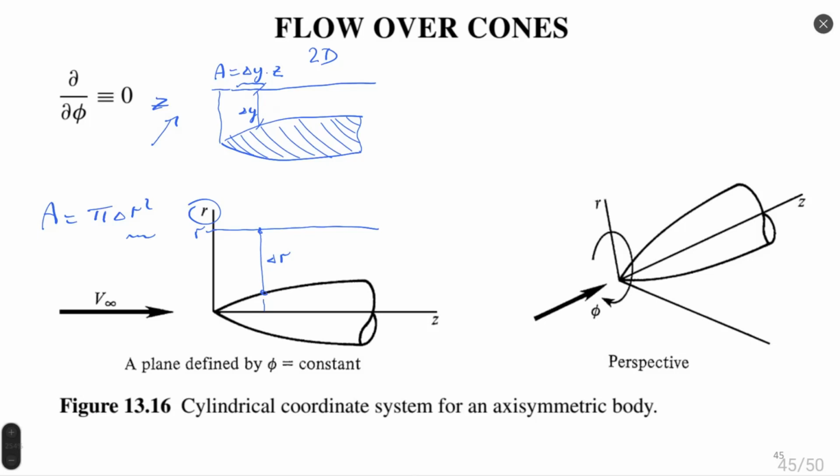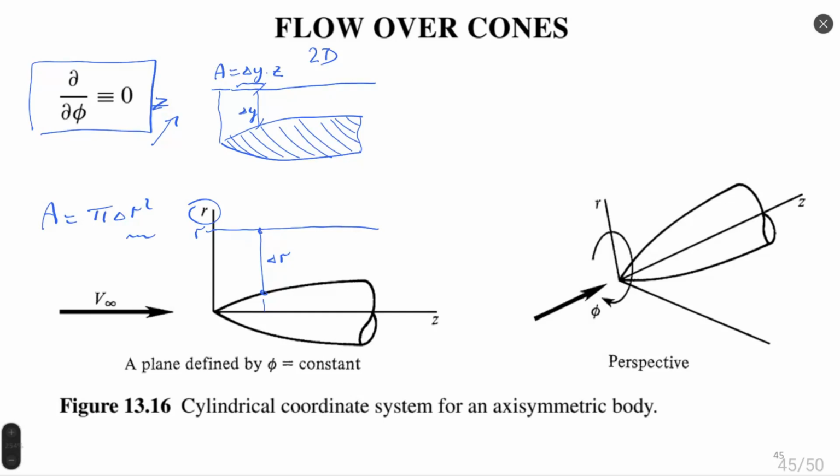Also in figure 16, we can see a perspective view of an axisymmetric body, showing us the flow around it. There are specific boundary conditions that we take into account for such flow, shown in the top left corner of the screen, showing that no parameter changes with respect to the angle phi.